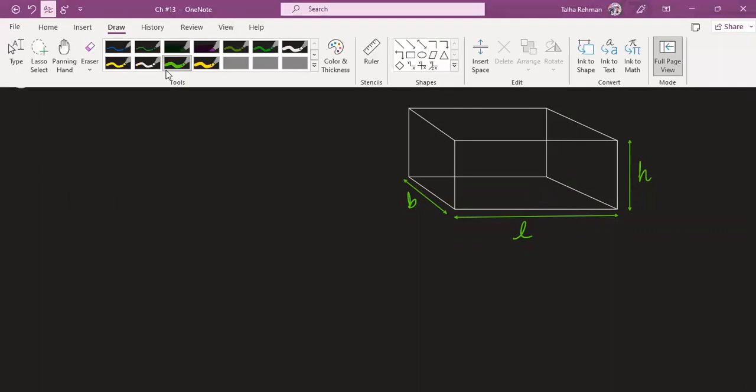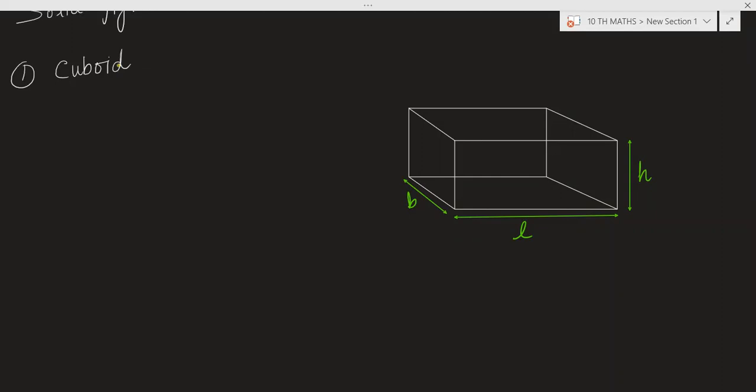So I am giving the names. This is the left face, this is the right face, this is the top face, and this is the base face, or you can say the bottom face. This face is the front face, and this face is the back face.